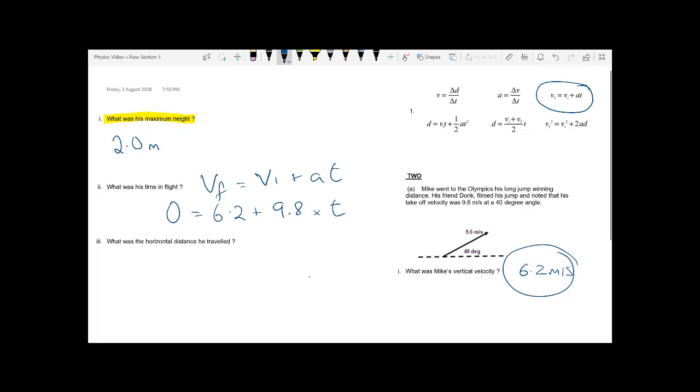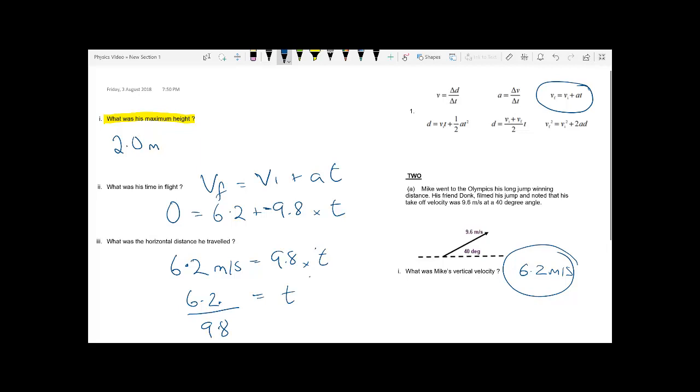So if we arrange this, I'm sorry, that's got to be a negative there because it's a negative acceleration. So 6.2 meters per second equals 9.8 times t. So 6.2 divided by 9.8 equals t.